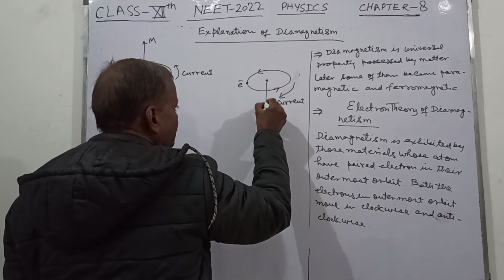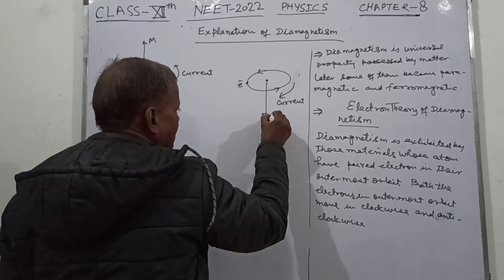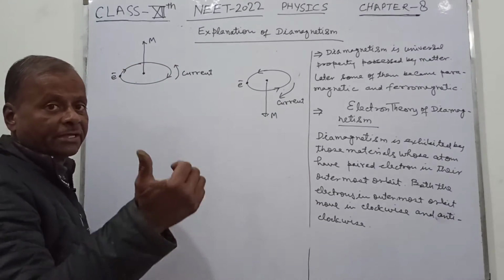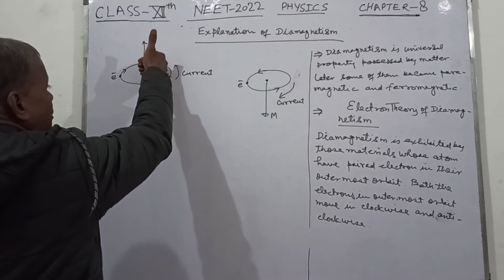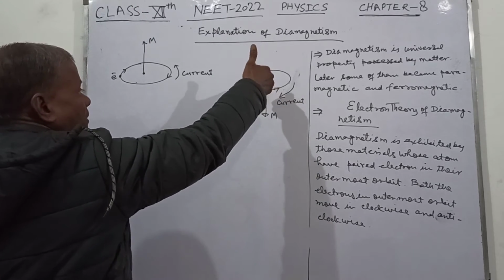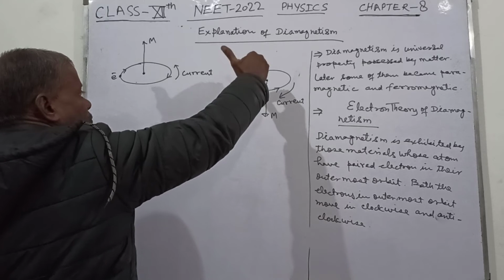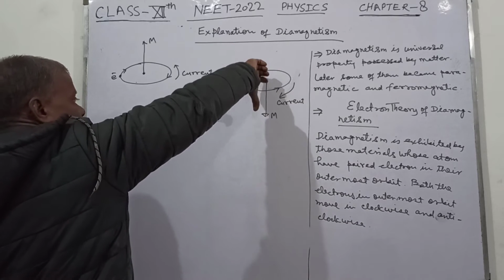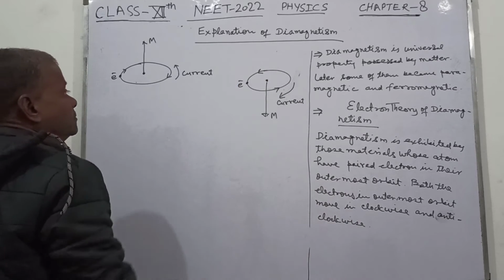So the magnetic moment because of this will be in the downward direction, by using the right hand rule.